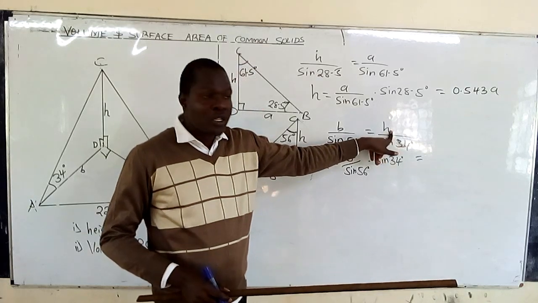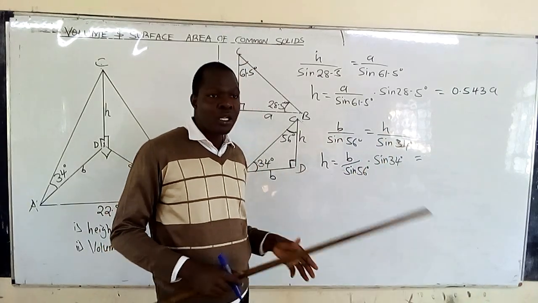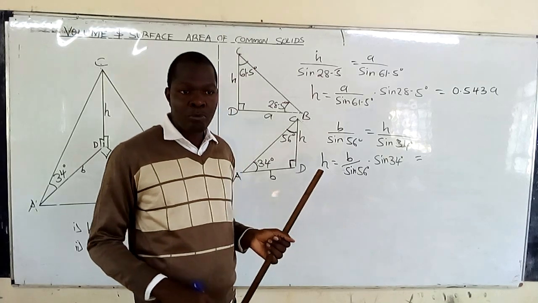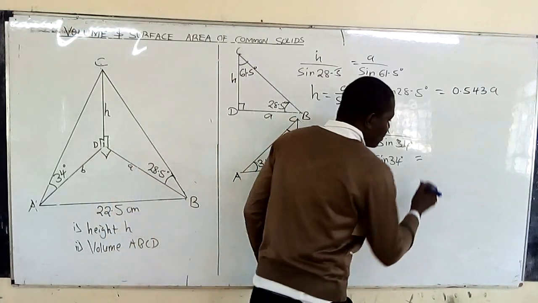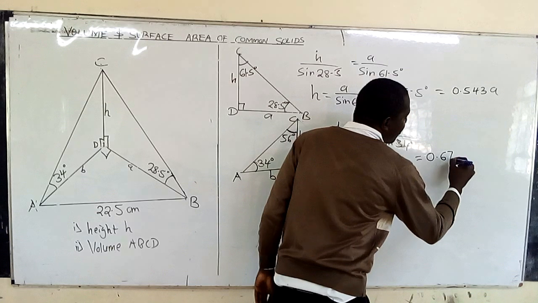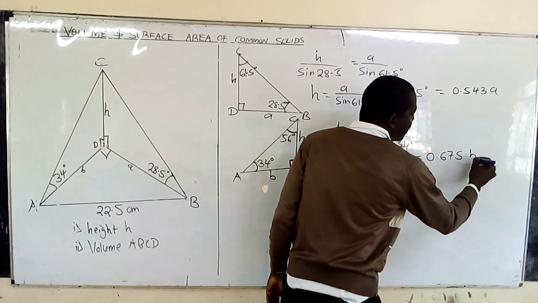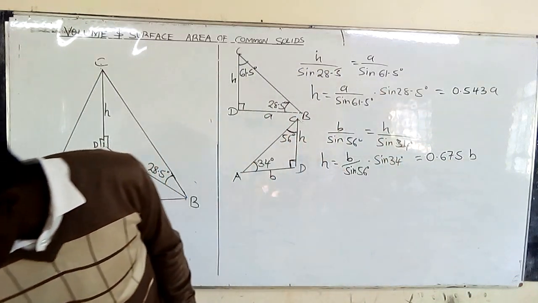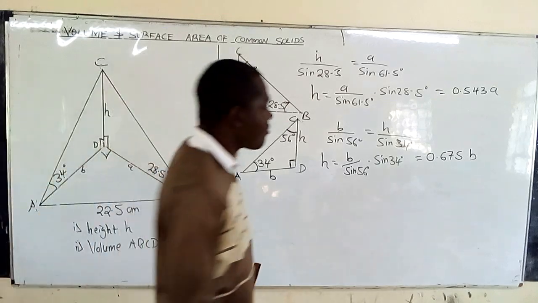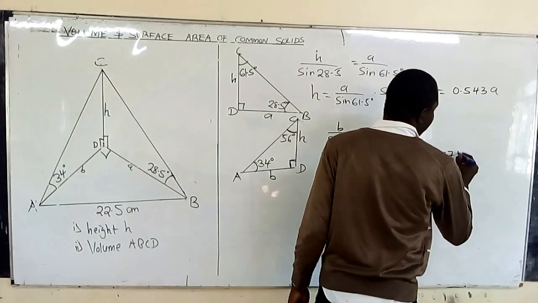So sine 34 over sine 56, you get 0.6745 B.